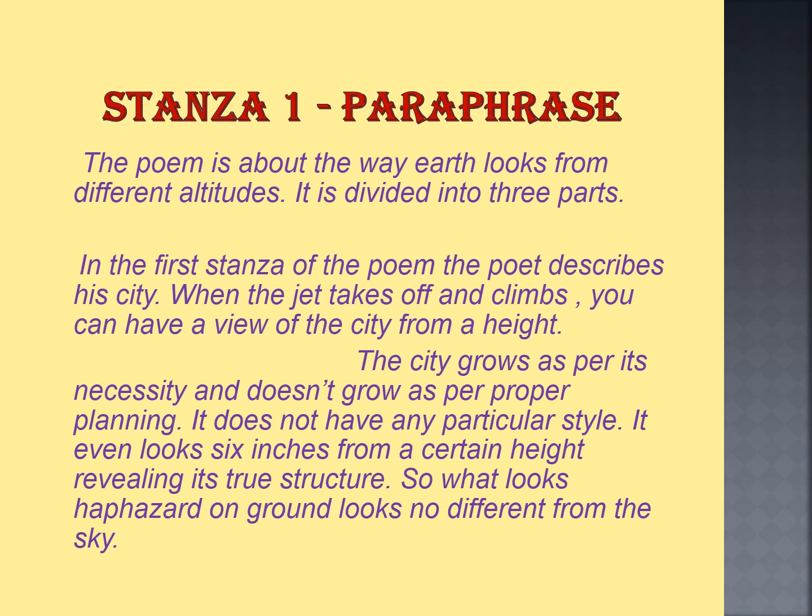The city grows as per its necessity and doesn't grow as per proper planning. It does not have any particular style. It even looks 6 inches from a certain height, revealing its true structure. So what looks haphazard on ground looks no different from the sky.